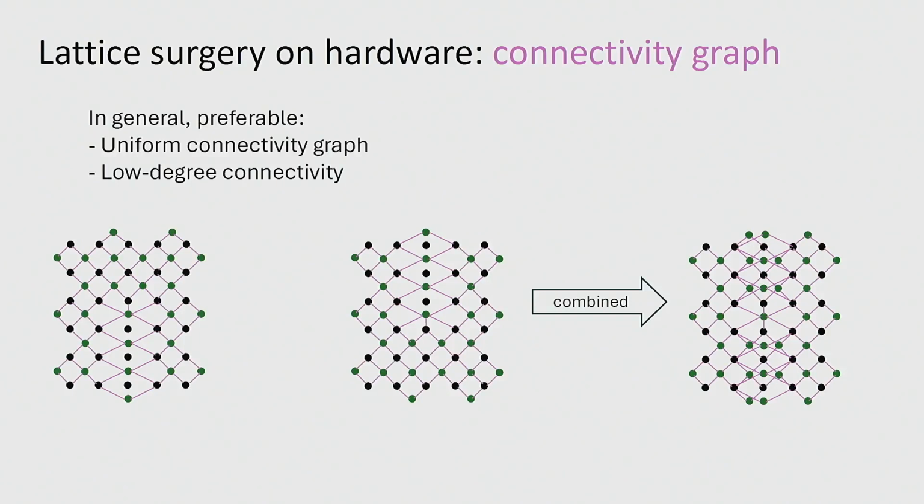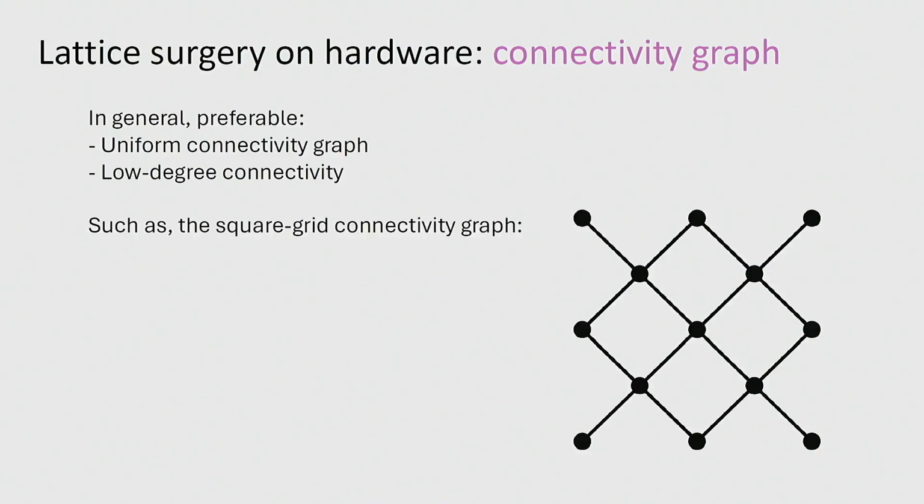For instance, we typically like a uniform connectivity layout, because you don't want to design hardware just for one specific purpose. Also, because of engineering challenges, low degree connectivity is typically preferred, and as it stands currently, it is usually upper bounded by degree 4. So what we really would like to do is to execute these lattice surgery operations on square grid connectivity hardware like Google Sycamore or Rigetti Aspen.